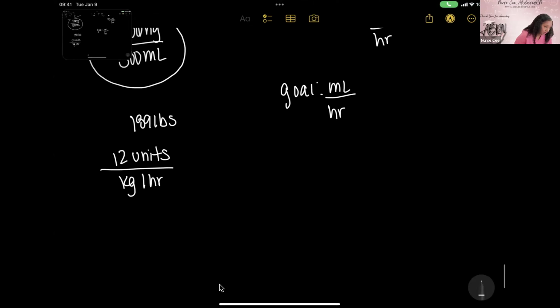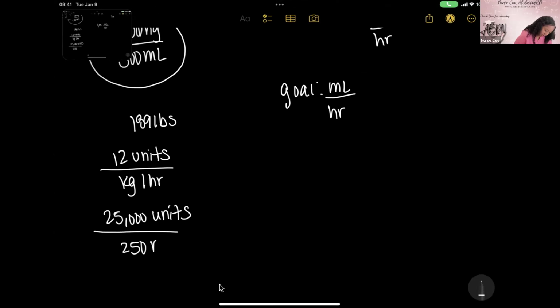And what was available was 25,000 units per 250 milliliters. Okay, so what are we looking for? We're looking for milliliters per hour. Is the 60 units extra info? You got it, Brittany, because we're not looking for the bolus or the loading dose. We need the flow rate for the drip, right?